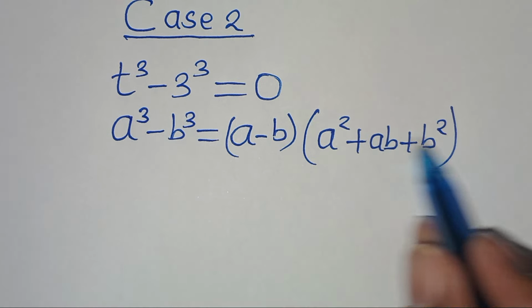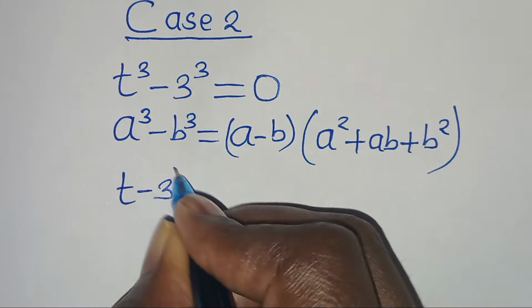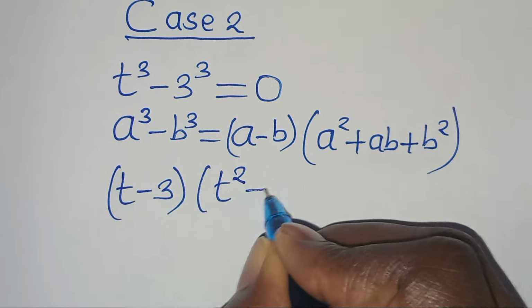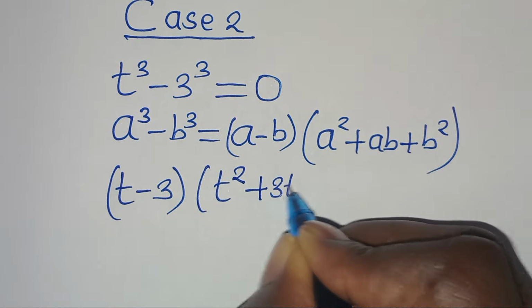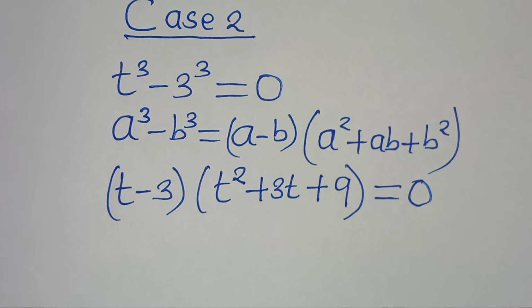Applying this identity, we have t subtract 3, then t squared plus 3 times t, which is 3t, then plus 3 squared, which is 9. Everything here is equal to 0.